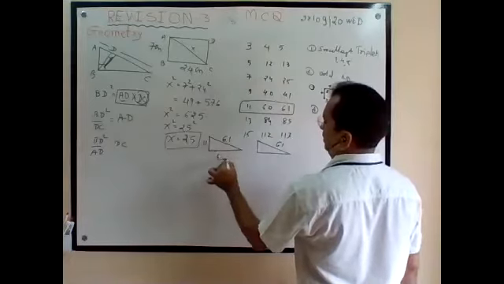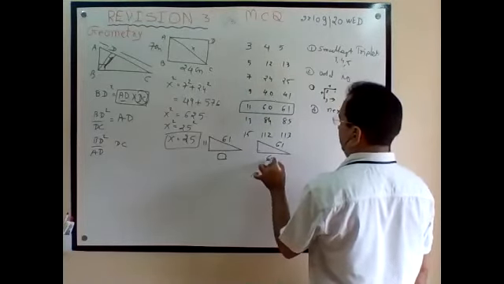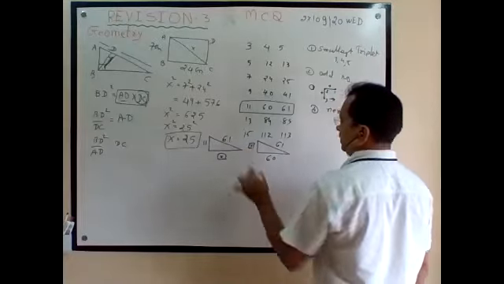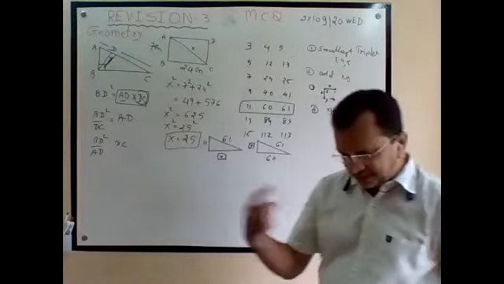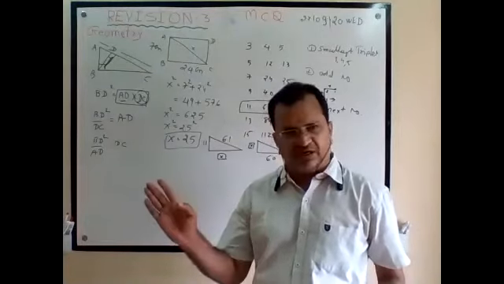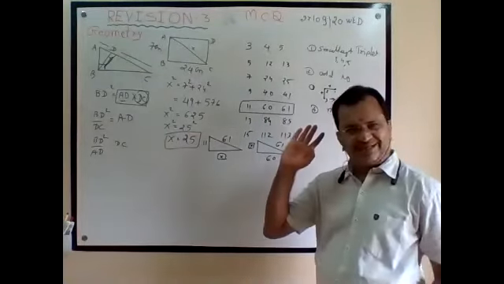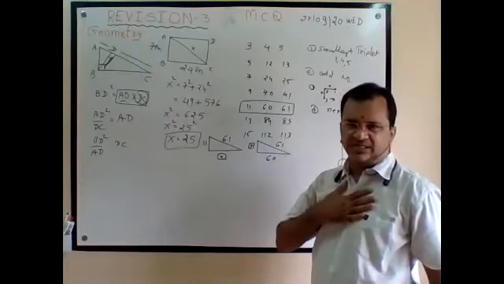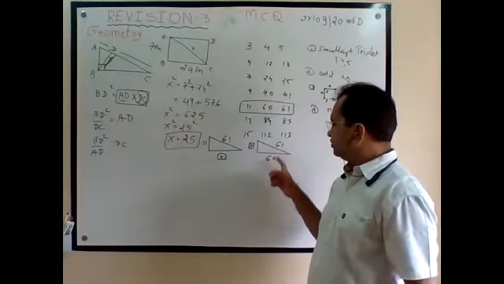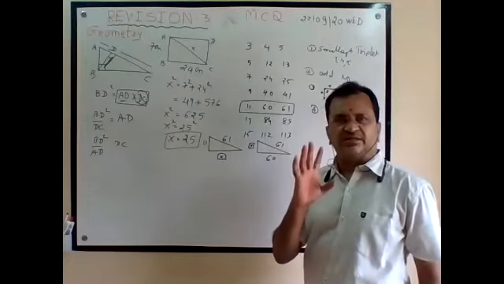Here 11 is given, here not given. Here 60 is given, here not. This is X, this is Y. But by the Pythagorean triplet, I know 11, 60, 61. So here 60 is missing. I know the answer by this method.